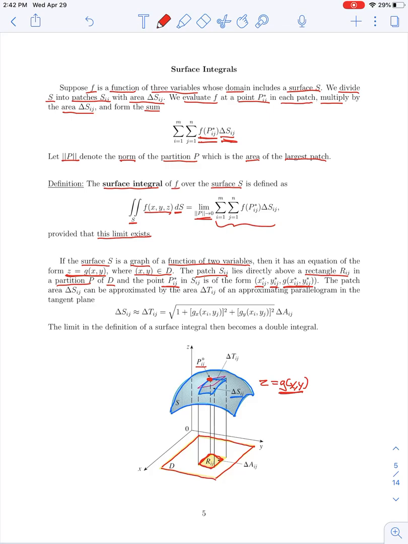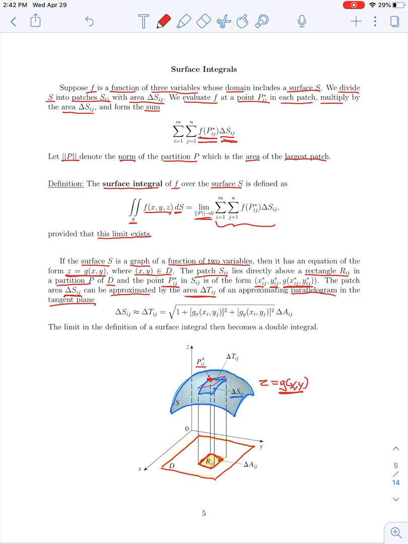Now, the area of our subpatch, the ijth subpatch, delta S sub ij, can be approximated by the area, which we will call delta T sub ij, which will be the area of an approximating parallelogram that lies in the tangent plane to our surface.